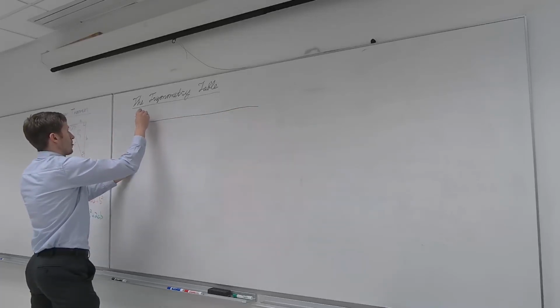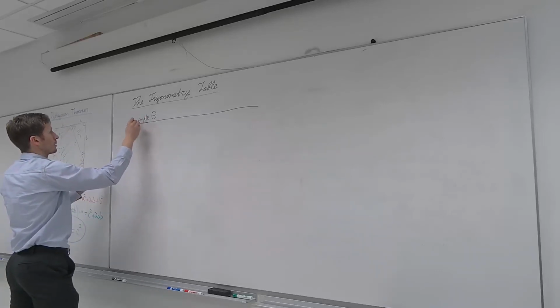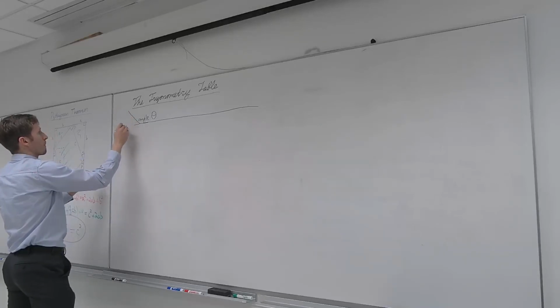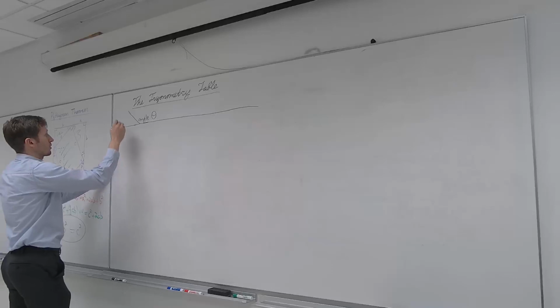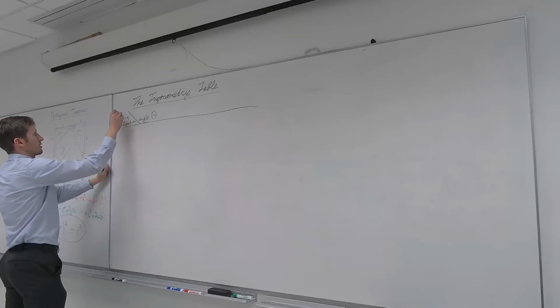So maybe put a theta here. Angle theta. And maybe it's this way, and then this way it's going to be my trigonometric function. Trig function, kind of the name of it. And it's going to go this way.